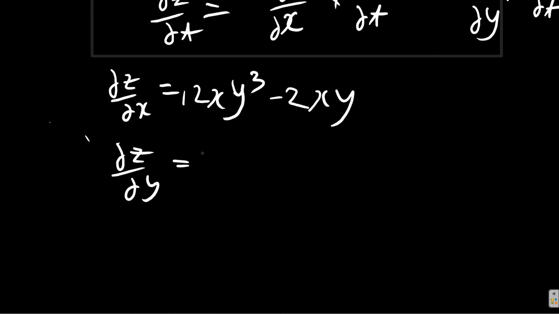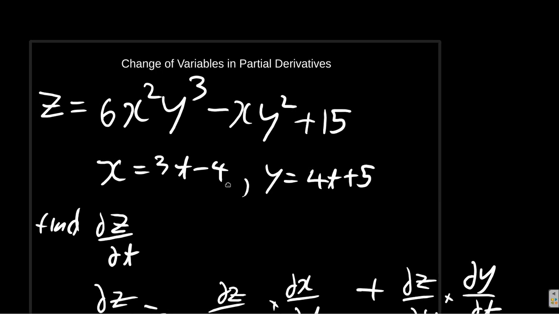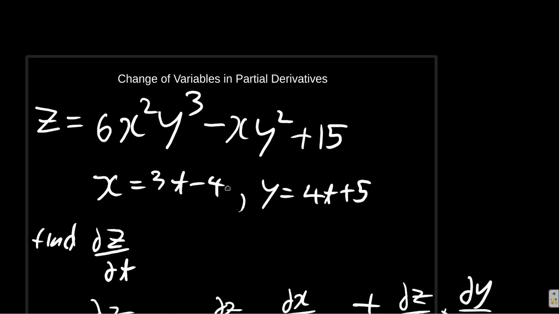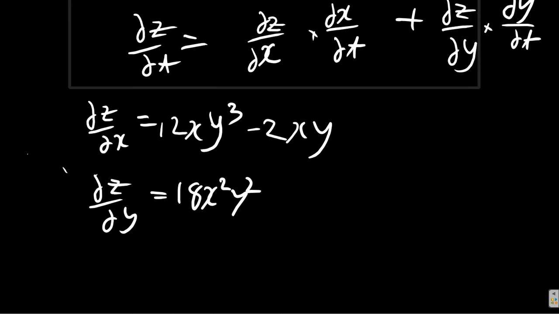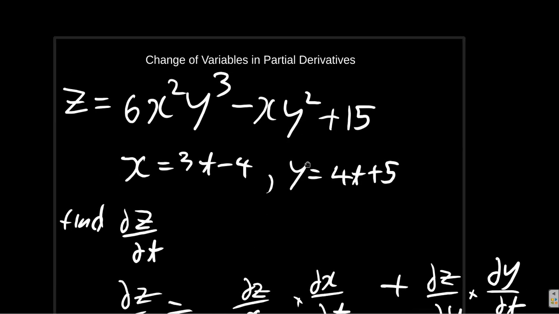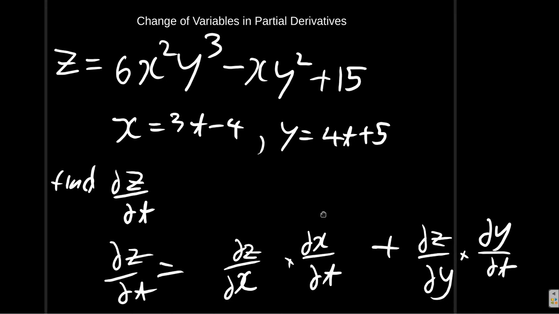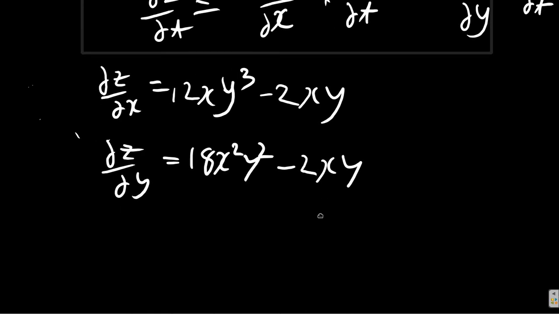So we have 18x squared y squared minus, this will be 2xy. See that? Well, the 15 will go to 0. So that's that.